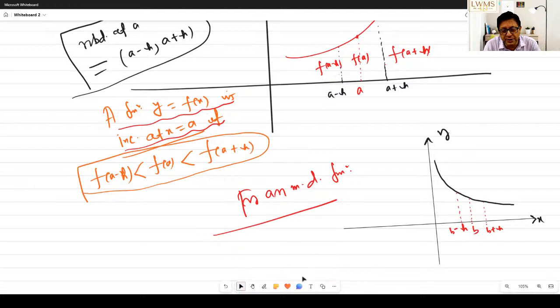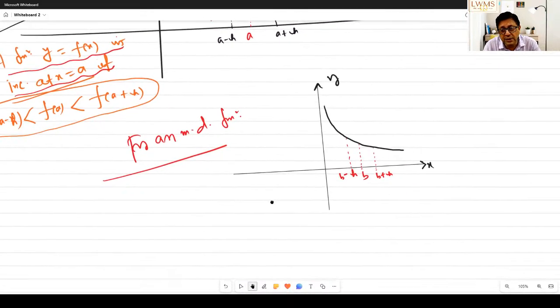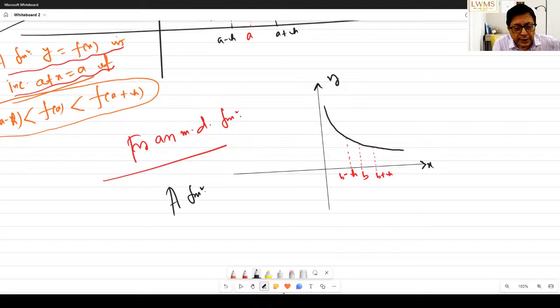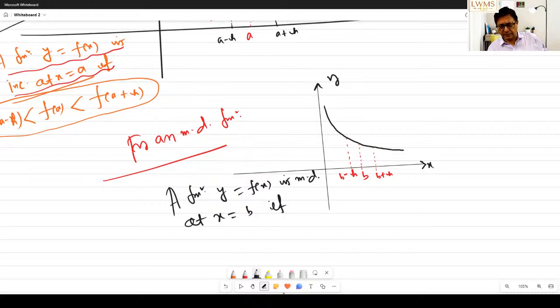So let us start our definition. A function y equal to f(x) is MD at x equal to b if f(b plus h) is less than f(b), which is less than f(b minus h).